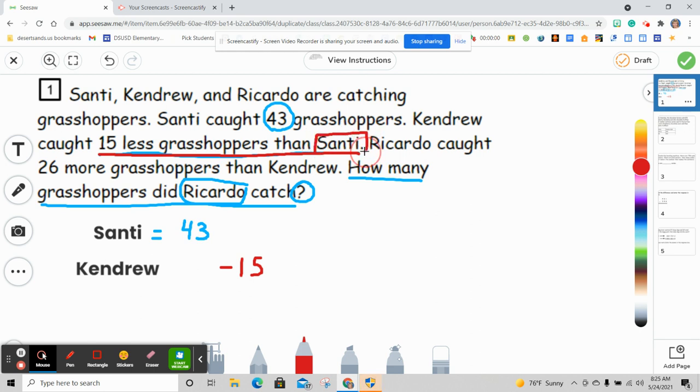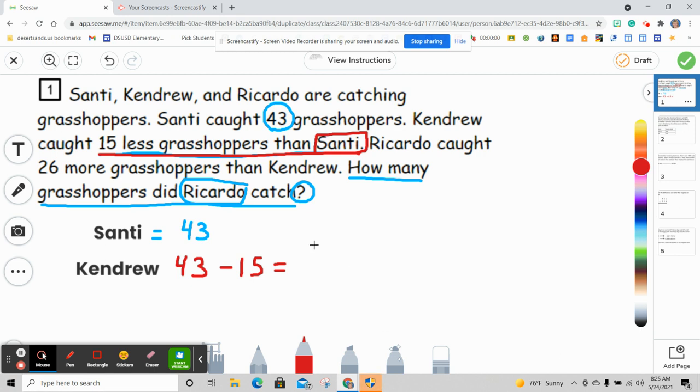So Santi's information is important. So I'm going to look at Santi's, and he had 43. So I'm going to put 43 here because it's 15 less than Santi. So I'm using both the 15 less and the information of Santi. So I have to figure this out to find out what Kendra's number is.